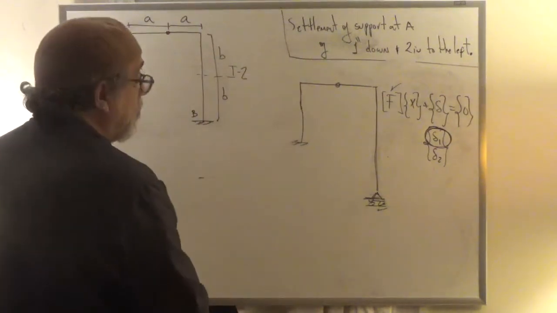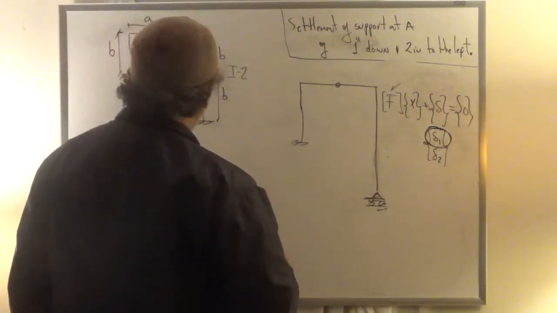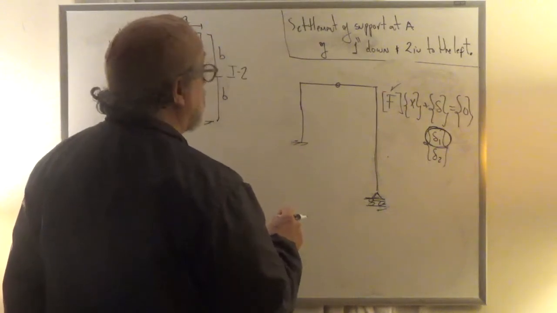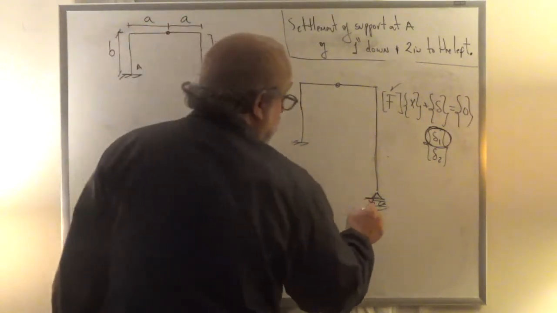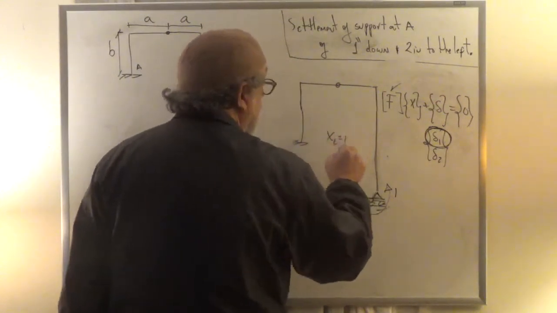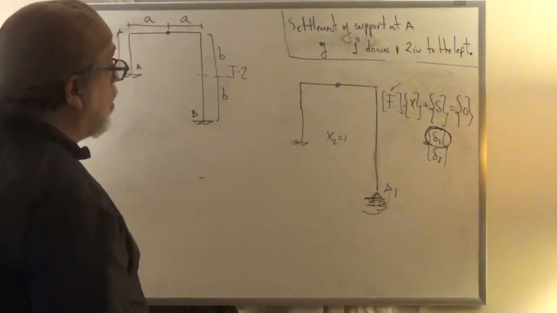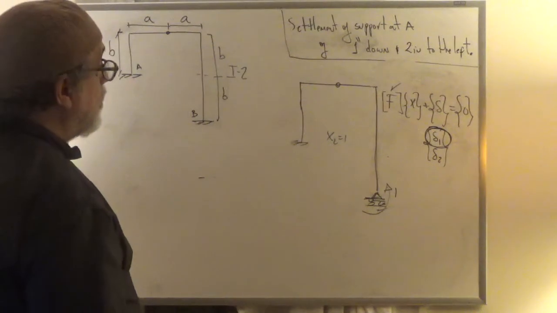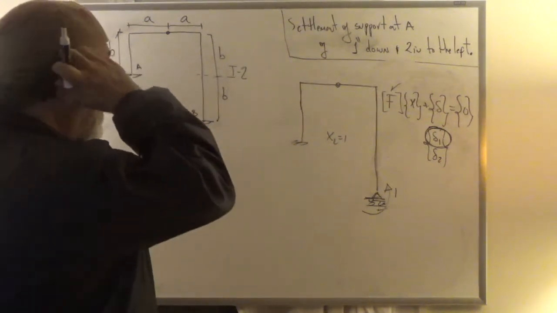Right? So now x2 equal to 1. Oh gosh, I forgot which direction I took x2. I'm going to assume it's like this. If I didn't, forgive me. So this is the case x2 equal to 1. Do a counterclockwise moment like that, right?